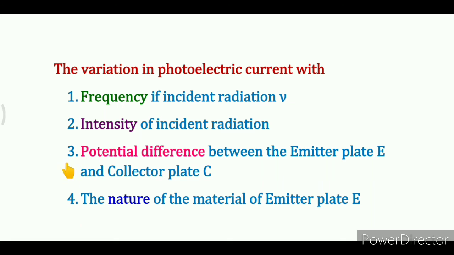Here we come to know that the photoelectric current is directly proportional to the intensity of incident radiation. Then, to study the effect of potential difference between the emitter plate E and collector plate C, we keep frequency, intensity and nature of the material constant, and change the potential difference between the two plates.